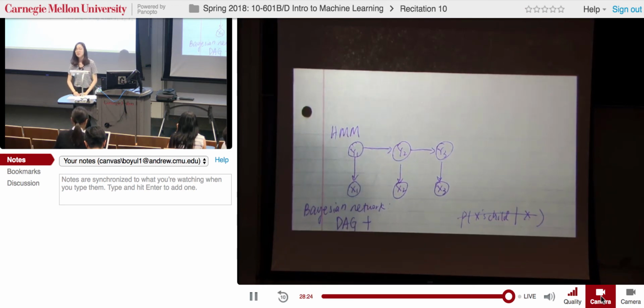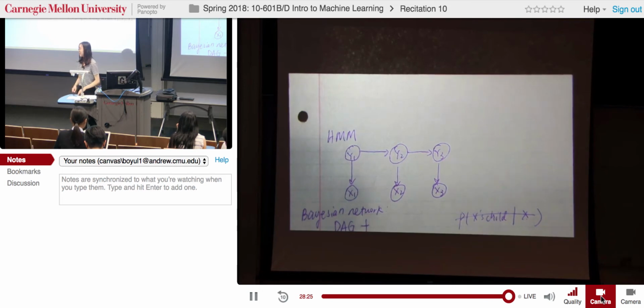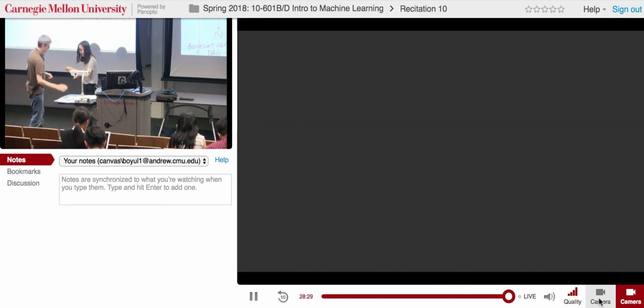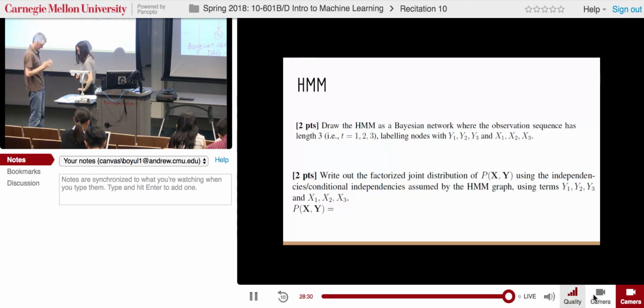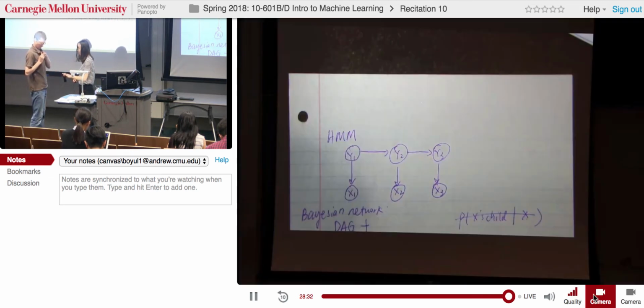And then y3 has one parent, y2. And then x1 has one parent, y1. The same thing applies for other x's. So the joint probability can be factorized in this way.